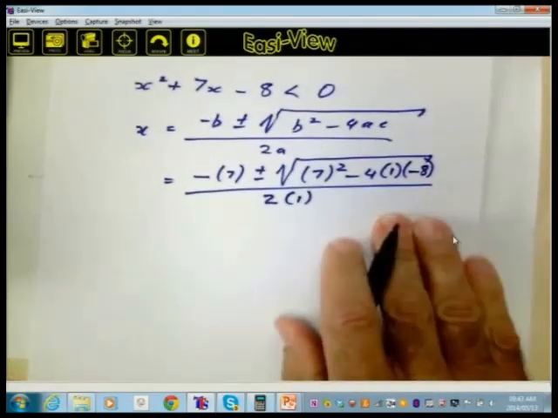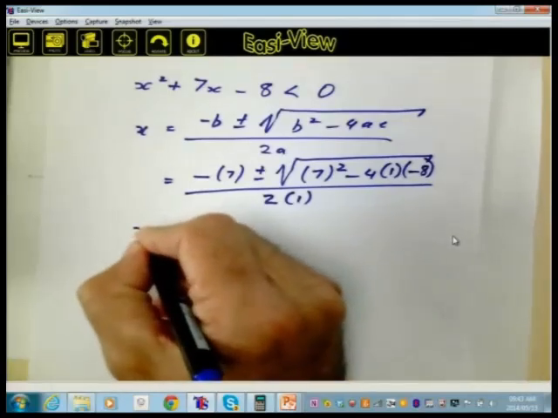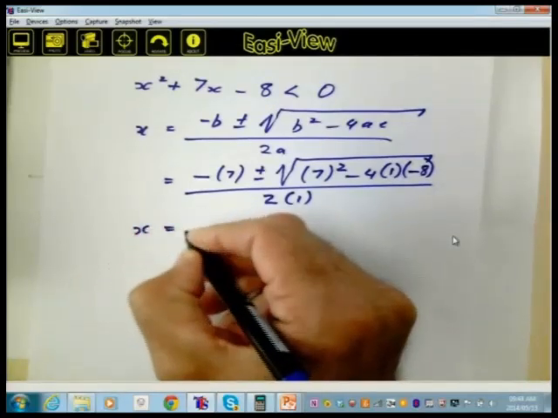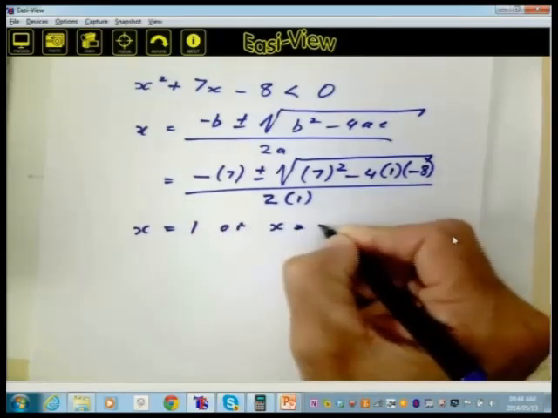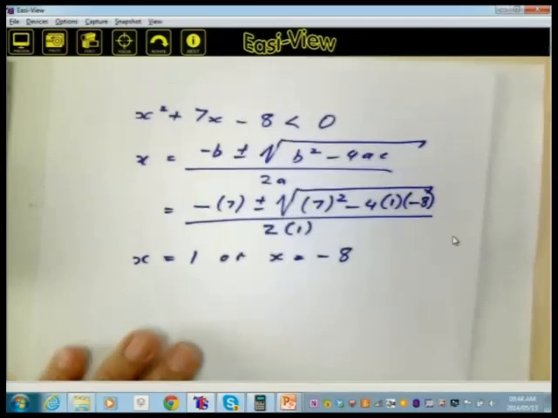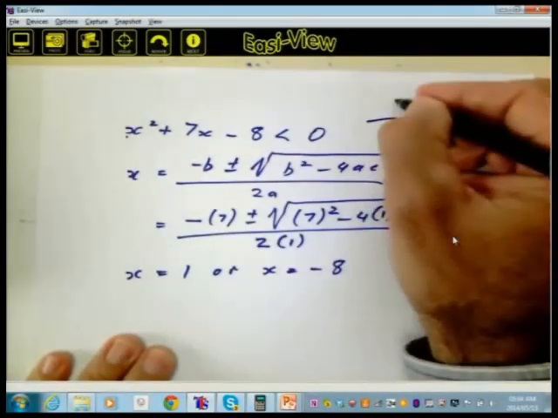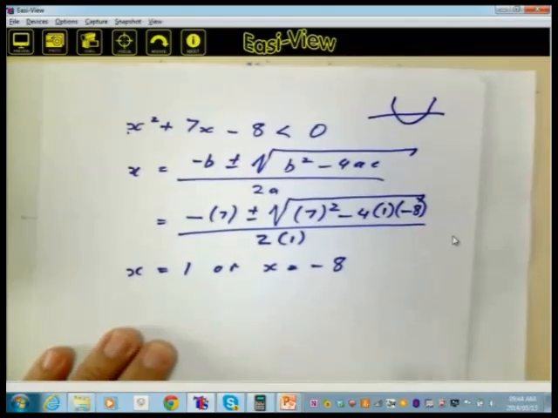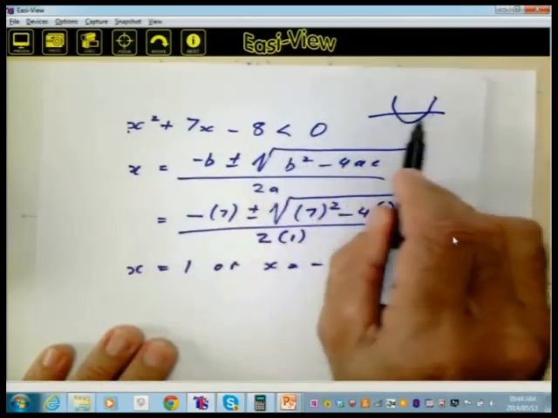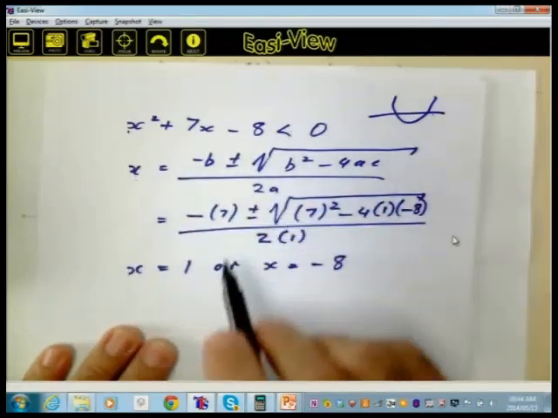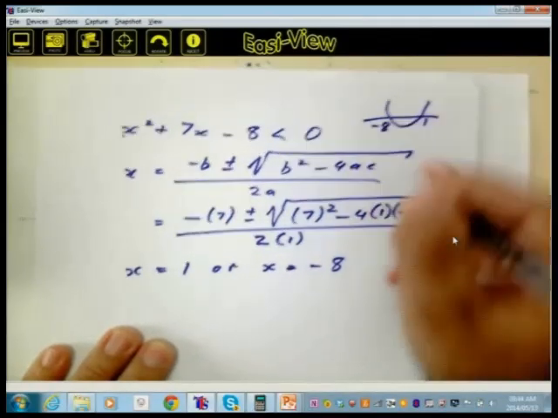Now, how do we do this in the calculator? Go and look at that lesson. I have got a lesson like that, but we'll say that x equals 1 or x equals minus 8. We can see that this is a positive graph. So in other words, that graph will smile. What is those values there? We've worked out x, where x will equal 0. Remember, x equals 0 at these points. So that point will be 1, and that will be minus 8.